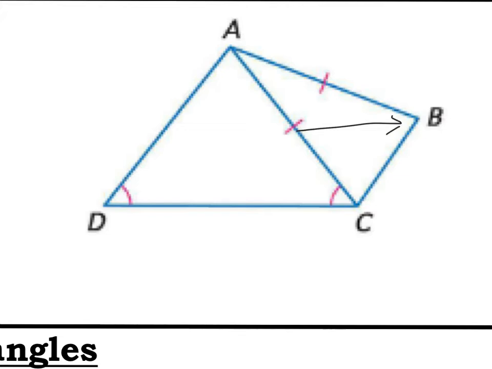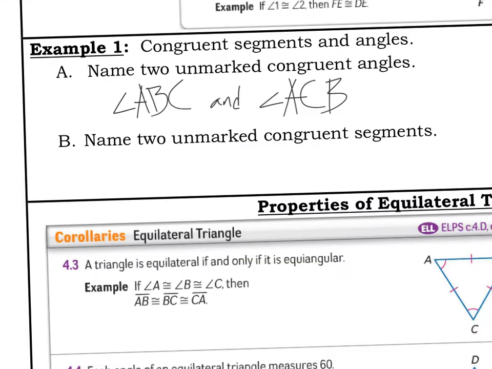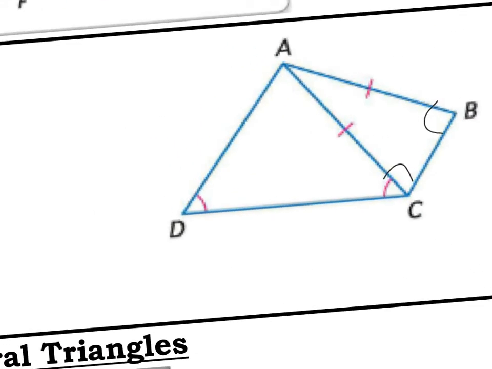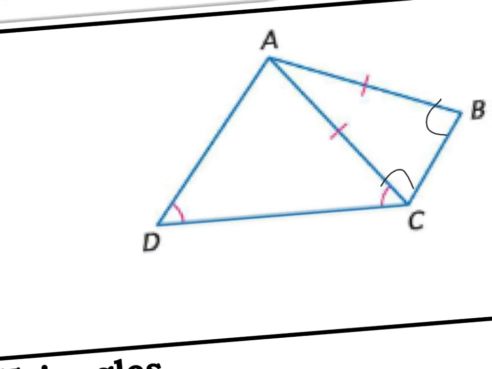You should be able to draw a straight line to it to know what's opposite of it. So angle B here is my congruent angle, and so I will mark it like this. So that's angle ABC. And then this side is opposite of angle C, and so I will call that angle ACB, and I'll mark it there. So next I'm going to point out two unmarked congruent segments. So I'm going to look at the triangle with the angles marked and not the segments marked.